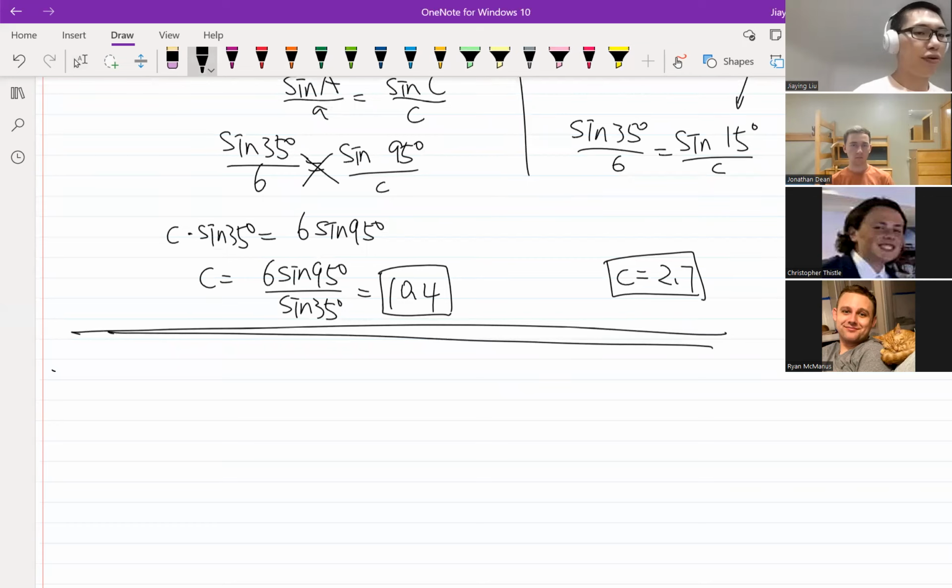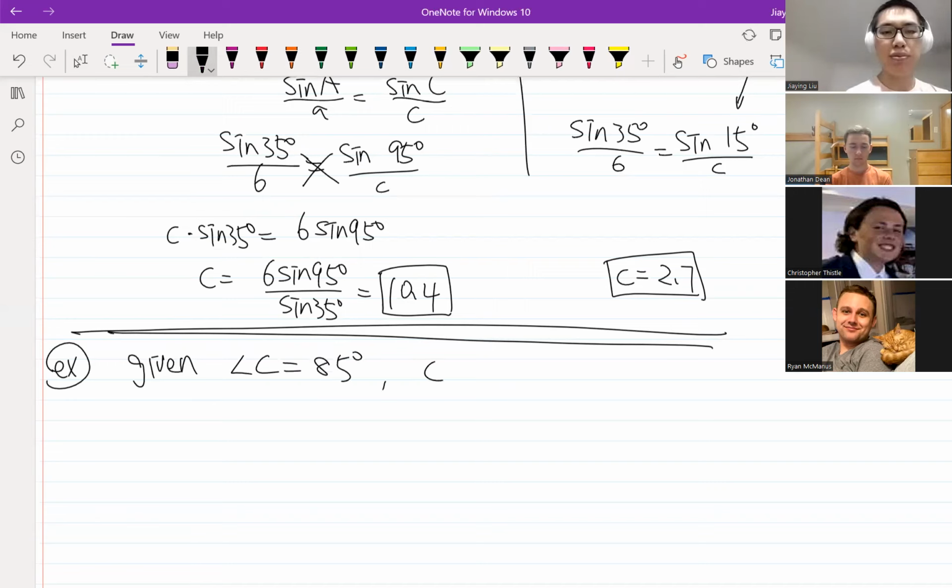So the next example: again, in a triangle, we're given angle C equal to 85 degrees, and the side opposite from this angle, lowercase c, equals 12, and lowercase b equals 9. We're going to find the missing side and the angles. So solve the triangle.